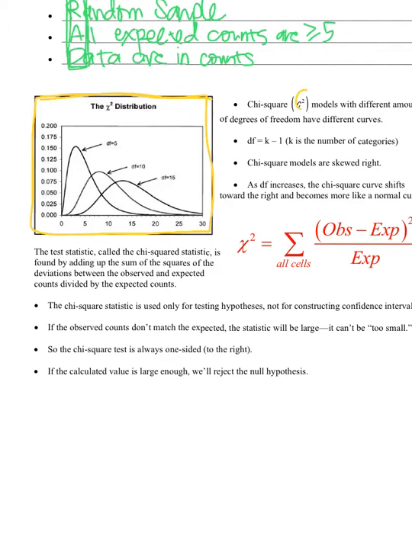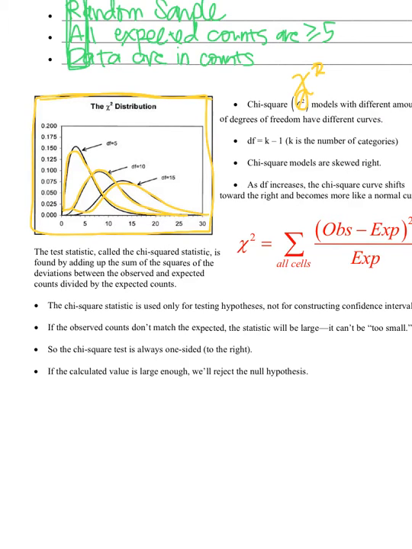All right, and that should actually be a chi-square. So it looks kind of like a fancy capital X squared. All right, so a chi-square model starts off right skewed when it has low degrees of freedom, and as the degrees of freedom increases, it gets more and more symmetric, or more and more normal.